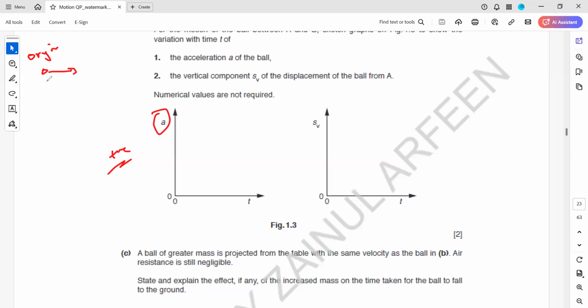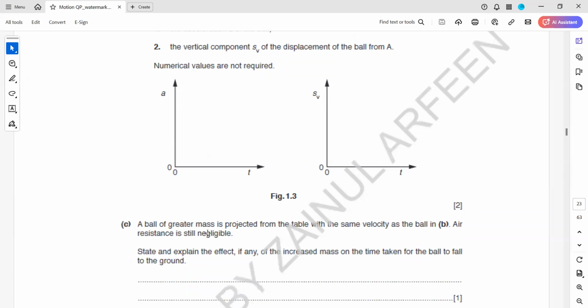Because when the origin is considered at the top and all the downward directions are taken as positive, acceleration was a positive value, and the displacement time graph will be like this. Is it clear? It means all the downward direction they consider as positive. Is it clear, this one?